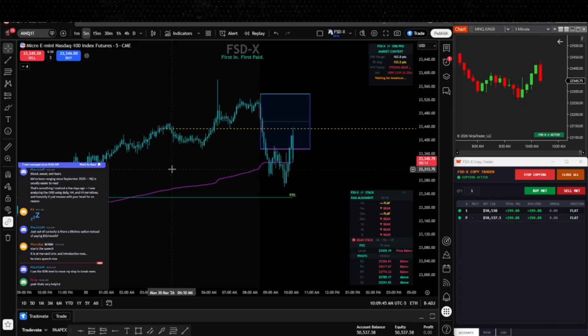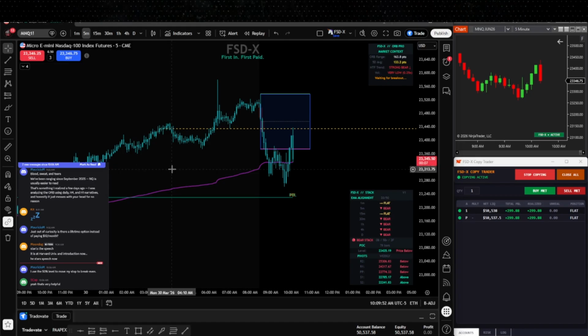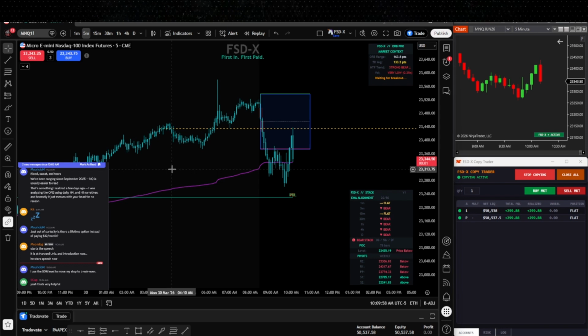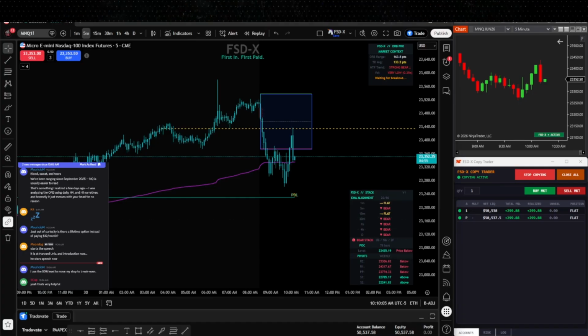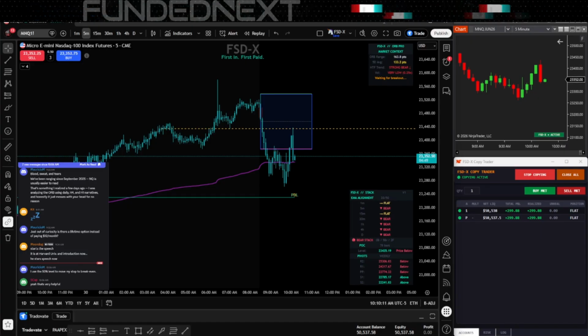I don't think it's going to close below VWAP. I wouldn't say this is tricky. I just don't want to fall into a trap because of the speech.